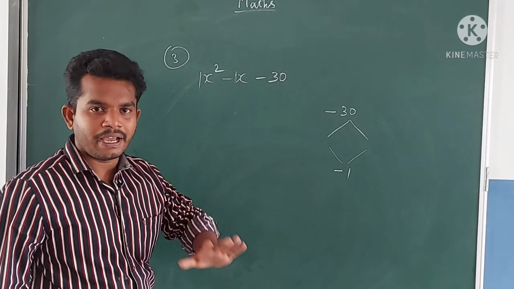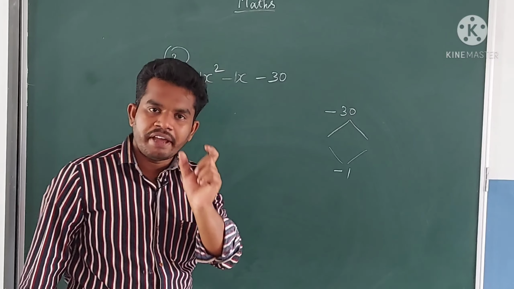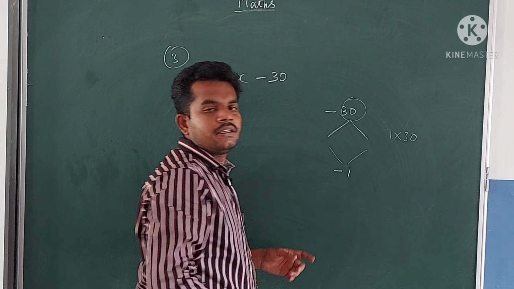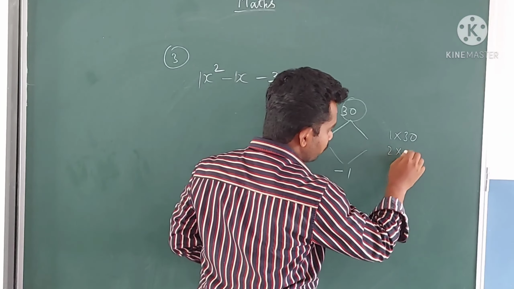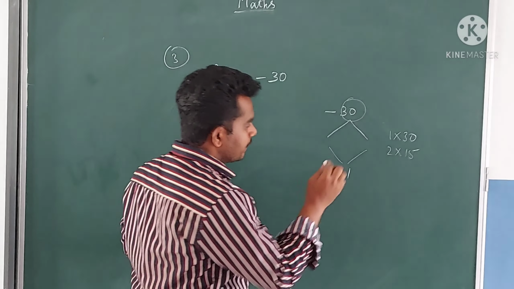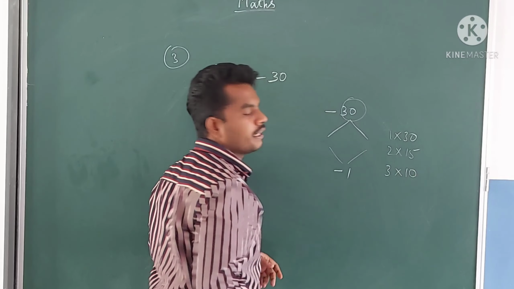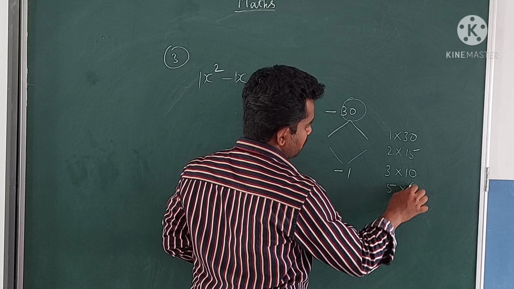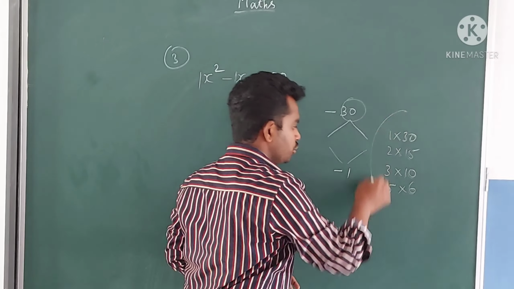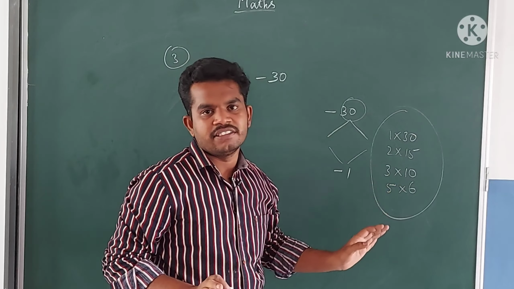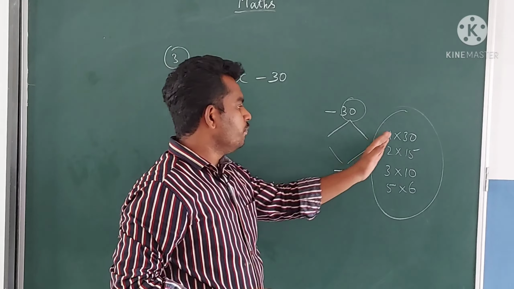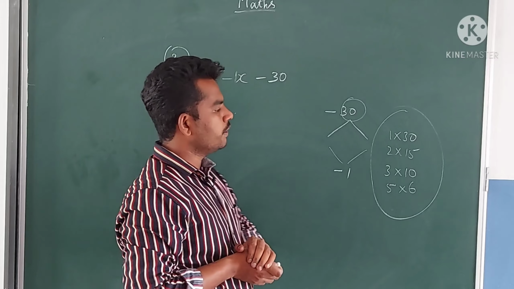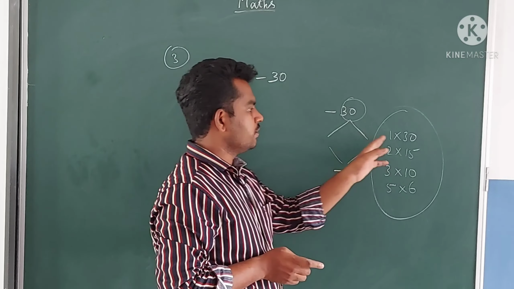So first don't panic. First you observe the factors for this number. 1 into 30. Next 2 into 15. Next 3 into 10. Next 5 into 6. So these are the factors. Which factors should be suitable for this question? First you observe the factors.